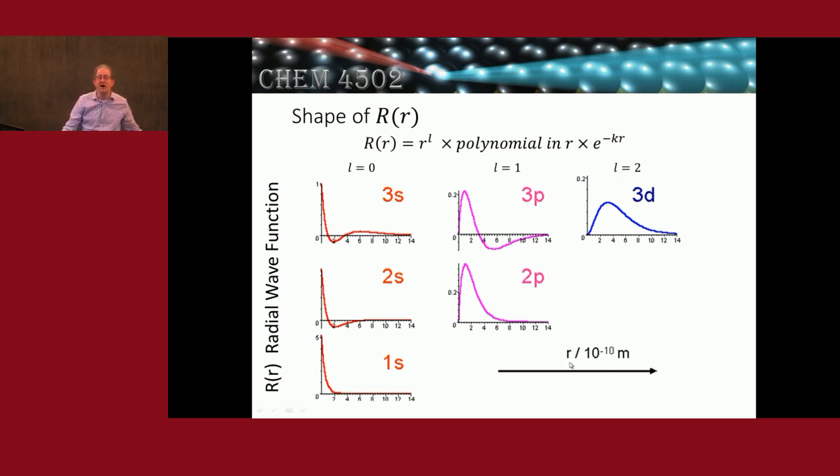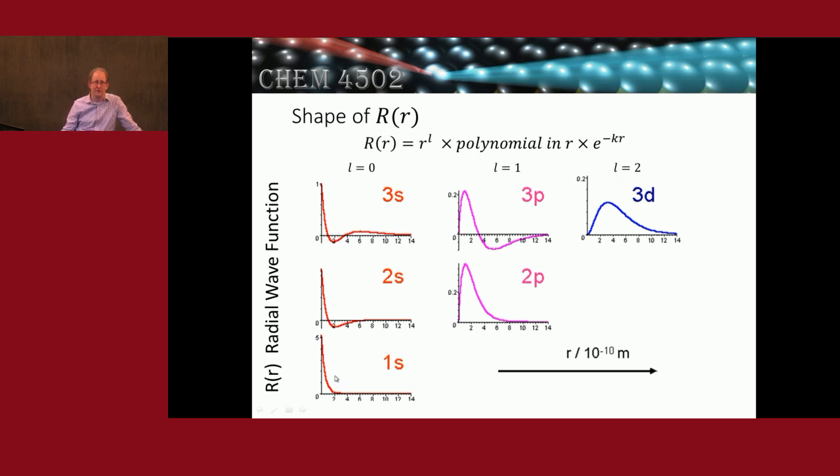If we go from n equals 1 to 2 to 3, the wave function gets further and further out. And we also get more crossings at 0. Remember, this looks like a polynomial in r times r to the L, and so it crosses 0 multiple times.